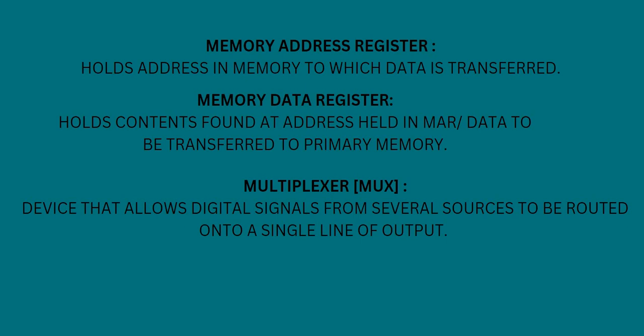Next we have the multiplexer or MUX. Now the MUX is a device that allows digital signals from several sources to be routed onto a single line of output. It does this as it has data selector lines which specify which input signal has to be switched onto the output line.